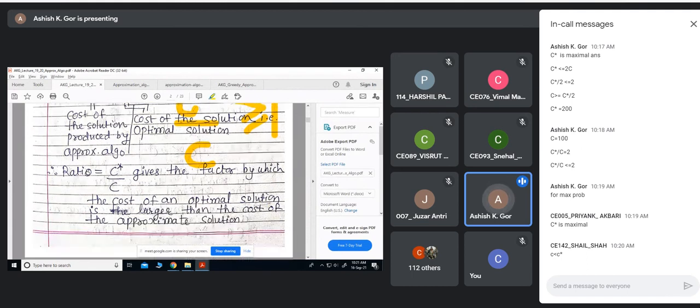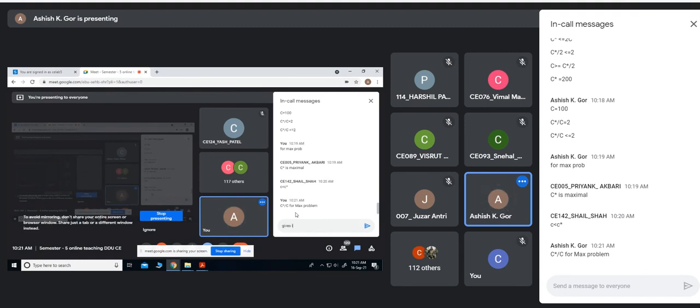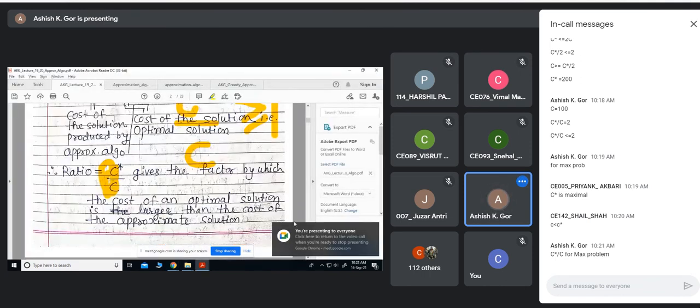So C star by C gives the factor by which the cost of an optimal solution is larger than the cost of the approximate solution. So it will be greater than 1. Most probably it is not 1 also. So C star by C for a maximization problem gives an idea of how near the approximate solution is to the optimal solution.